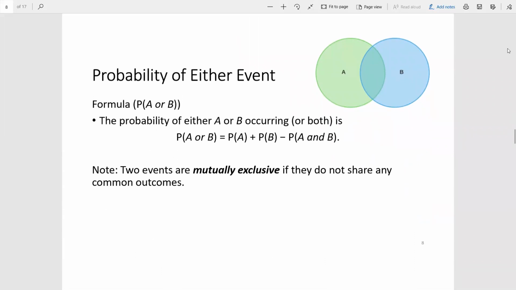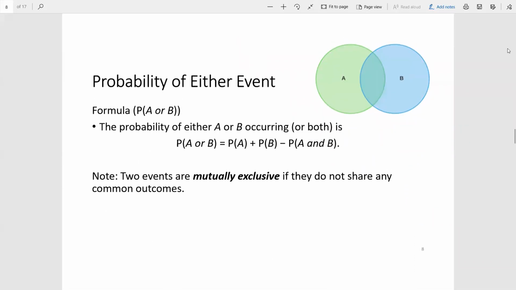Probability of either event occurring. This is written as probability of A or B, and we have a formula for this. It's equal to the probability of A plus the probability of B minus the probability of A and B occurring.